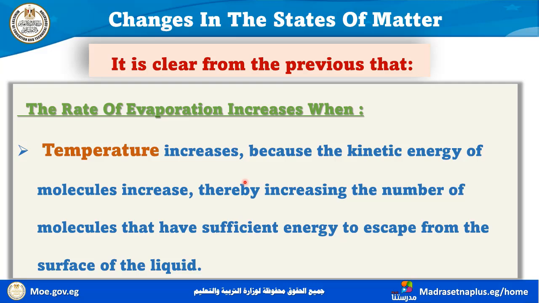And that is why when you expose your wet cloth to sun rays during the day, it will dry faster than if you expose the same wet cloth during the night, because the temperature during the day is higher. So this allows a lot of molecules to gain kinetic energy and escape from the wet cloth to the surroundings.